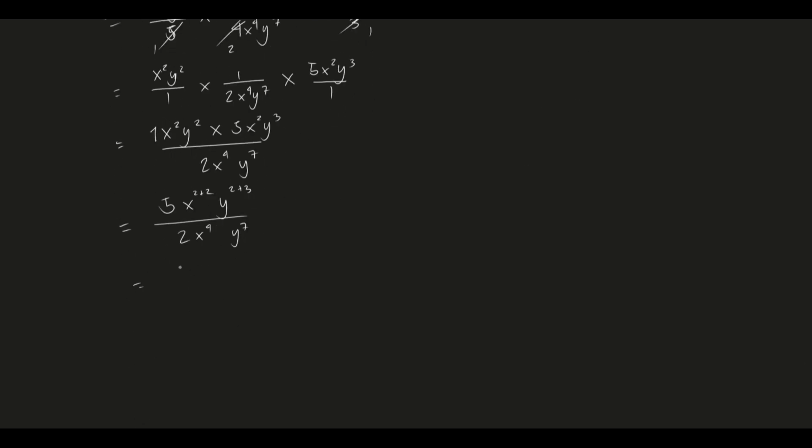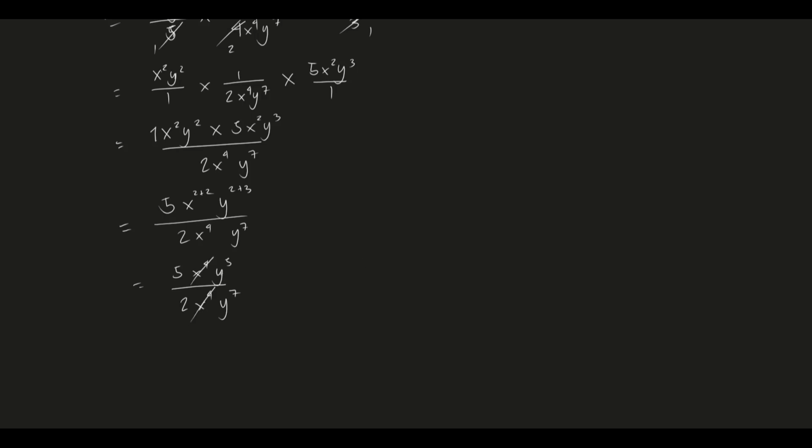So our numerator now is 5x raised to the 4 and y raised to the 5 divided by 2x raised to the 4 and y raised to the 7. So we have both our numerator and denominator x raised to the 4. So let's cancel out.